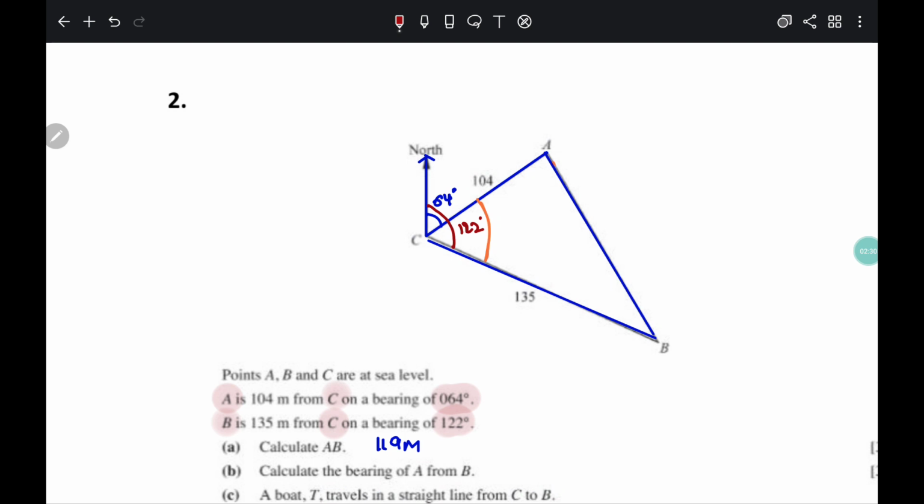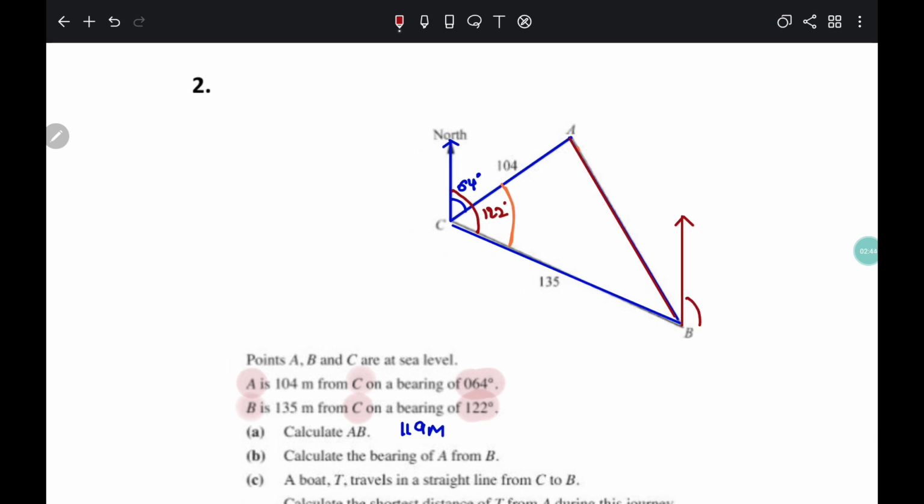So A from B, I need to have that north line. Here is where I need to find the angle that is clockwise. What I can see here is that I have 122 from just now.